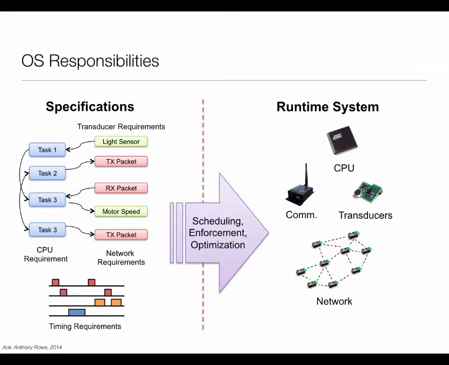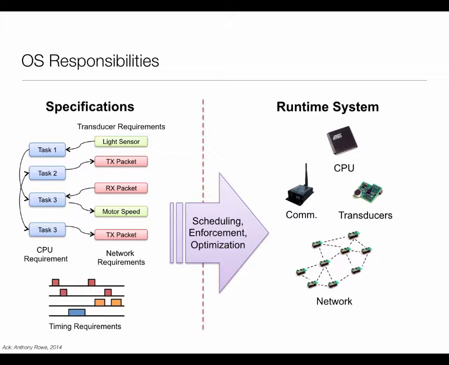So, operating systems. In a typical embedded system, you are going to have a whole bunch of actuators, sensors, processors, and whatnot. From a processor's perspective, let's restrict ourselves to a single processor and a bunch of these things. I have a bunch of tasks, and I have to do different kinds of things like read a sensor reading, write a command to a motor, transmit a packet, receive a packet.